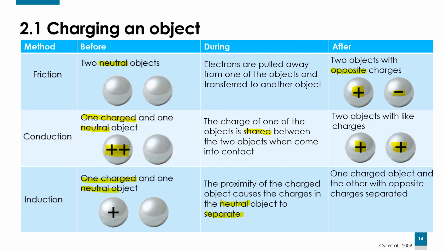One charge and the other with opposite charge, separated. So here, if I bring close a positive one, a negative charge will be close by that positive charge, and the positive charge will go away from that positive charge because they repel each other.